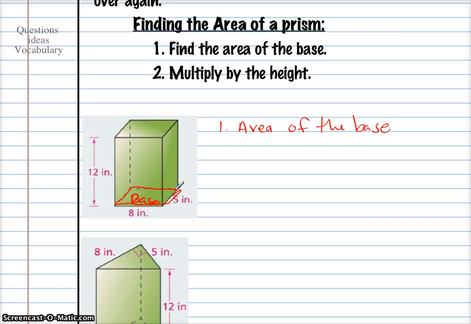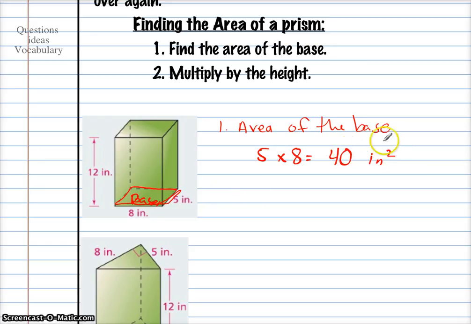Okay, so how do I find the area of that? Well, that's a 5 by 8. So area of base is going to be 5 inches times 8 inches, which will give us 40 inches squared.